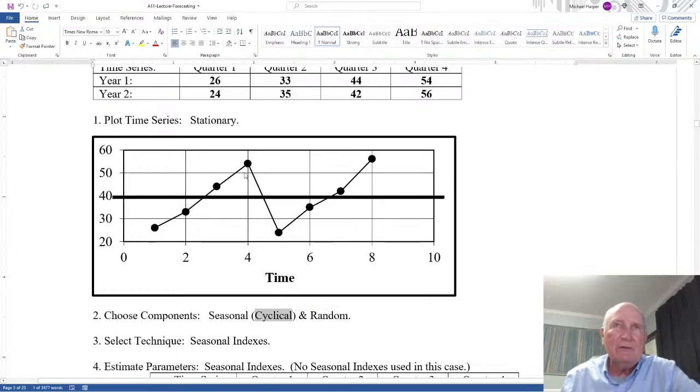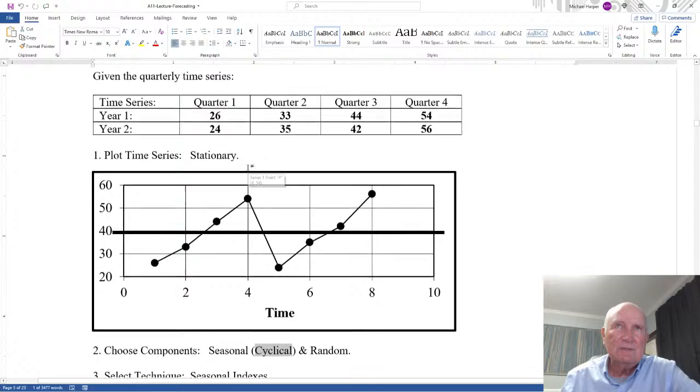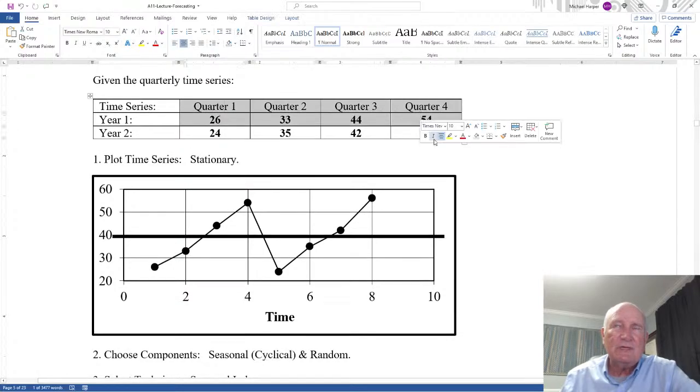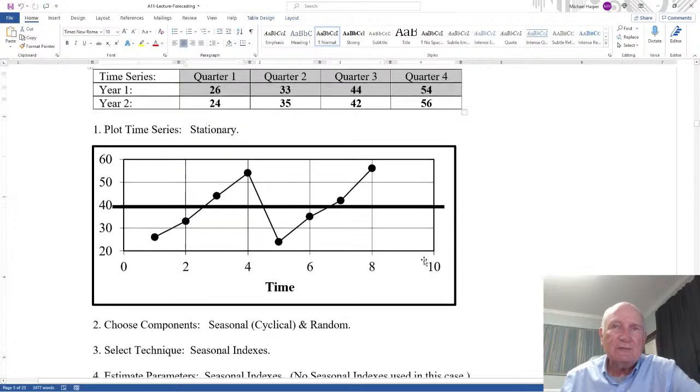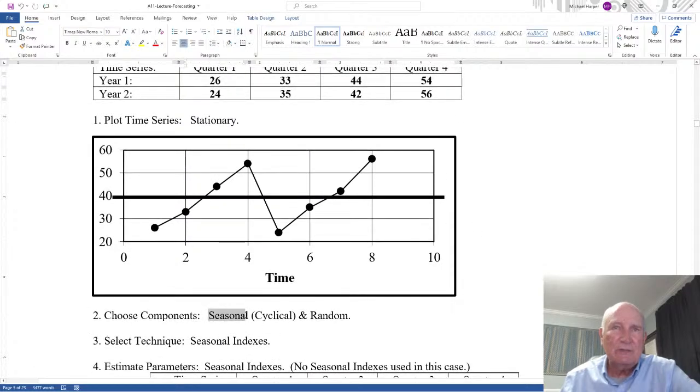But the pattern is 4 data points. And 4 data points represent 4 quarters, which is a year. So when you have a pattern that repeats every year, an annual pattern, that's called a seasonal component. So a seasonal component is a cyclical component. It's a special type where the cycle is 1 year.